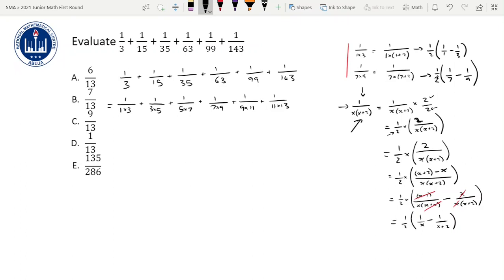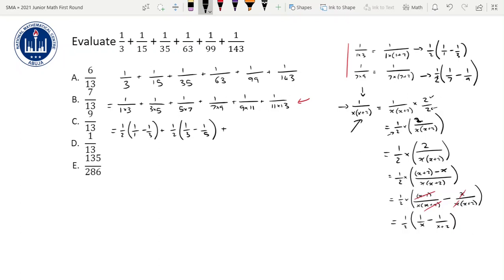Now we're going to apply this new identity that we found to the expression. We write 1 over 1 times 3 as 1 over 2 times (1 over 1 minus 1 over 3), and 1 over 3 times 5 as 1 over 2 times (1 over 3 minus 1 over 5).